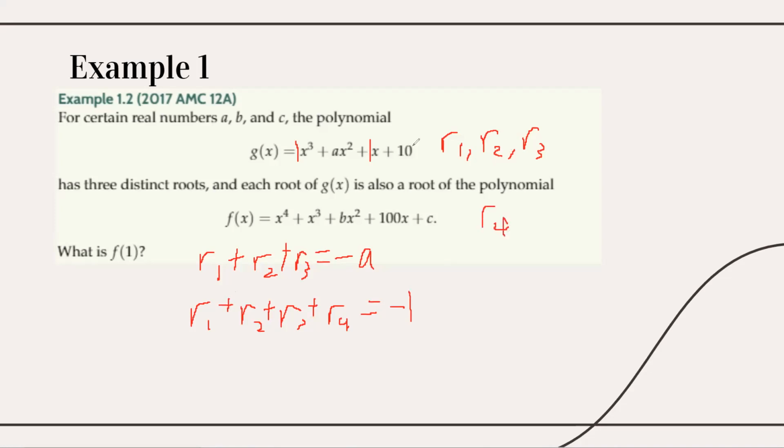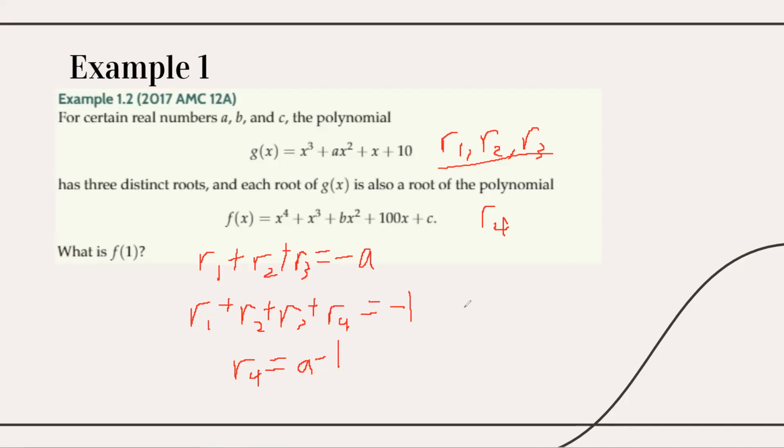So R1, R2, R3, R4 are the roots of f. And in particular, R1, R2, R3 are the roots of g, since the roots of g are all roots of f as well. Okay. So in particular, these two equations give us that R4 is going to be equal to a minus 1. Okay. Because we can just subtract the first equation from the second.